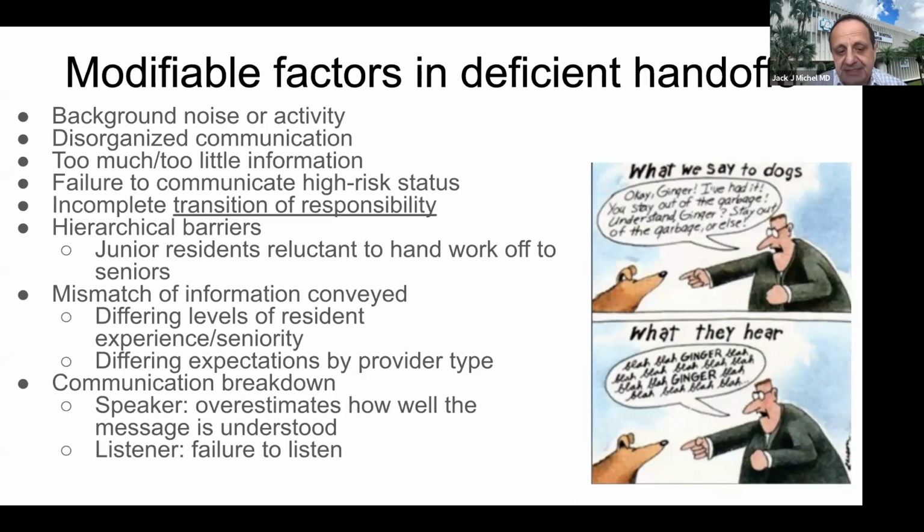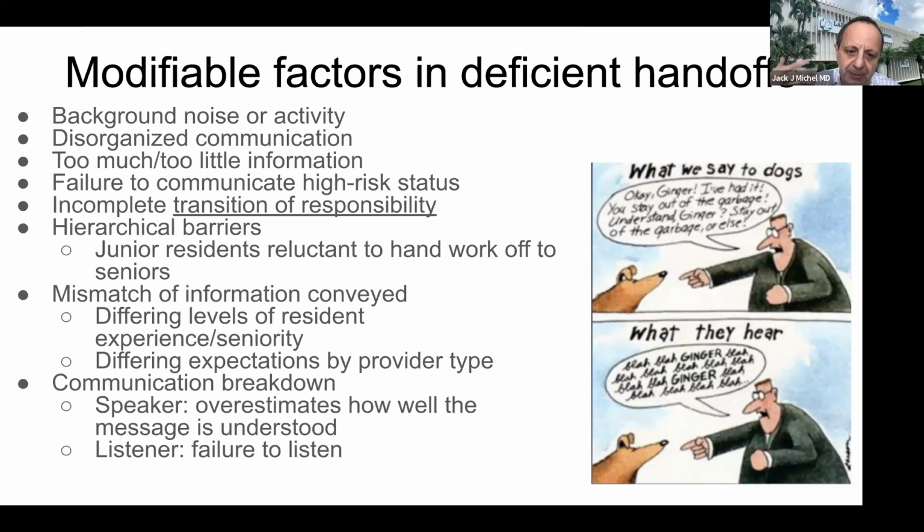And this is one of the important ones, and you can see it by the cartoon on the right: overestimates of how well the message is understood. If you're saying a lot of stuff and the person receiving the information doesn't understand what you're saying, it's just as bad as not telling them anything. That's why it's important for you to repeat the information, to ask them to recite it back to you, to make sure that they understood it.